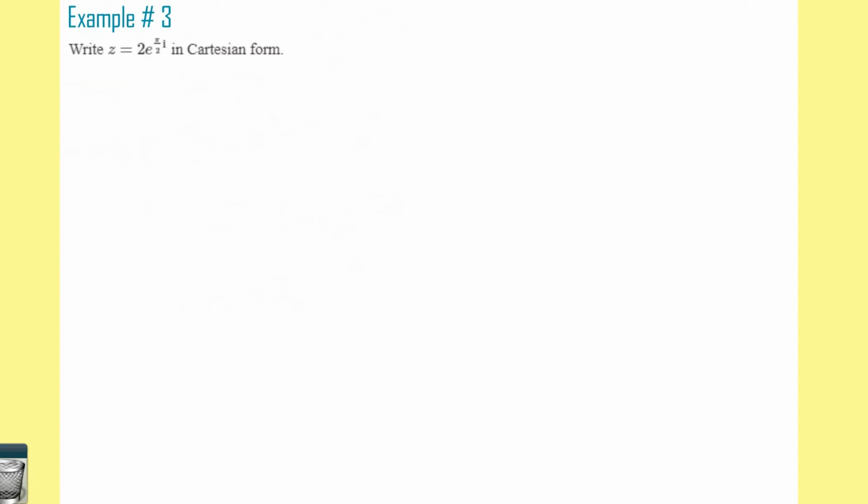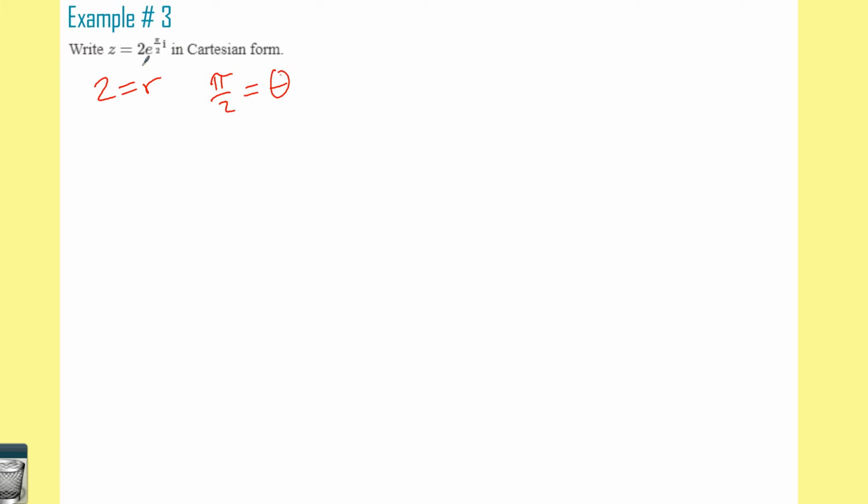Okay, so now we're going to work backwards. So we're going to write this in Cartesian form. So going back, remember, 2 is our radius, and pi over 2 is our theta.